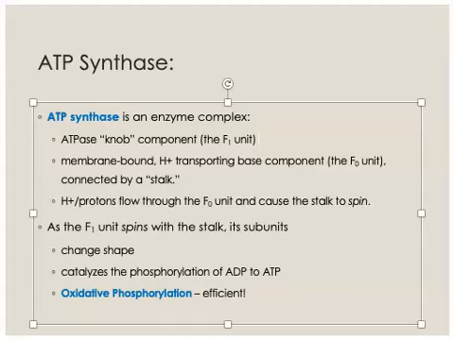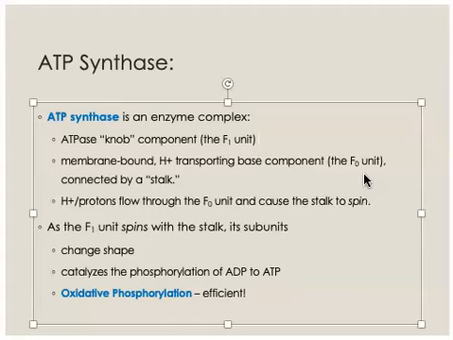The other part of the ATP synthase molecule is called the F0 unit, or F0, which is pronounced F-zero. This is the membrane-bound portion of the molecule, and this is the subunit that has a tunnel within it, a channel within it.